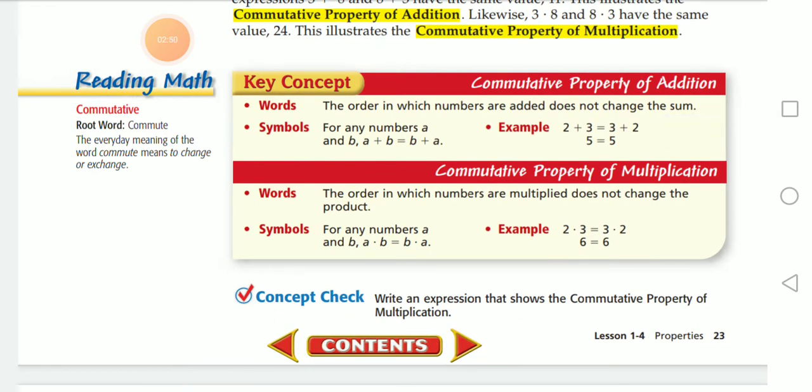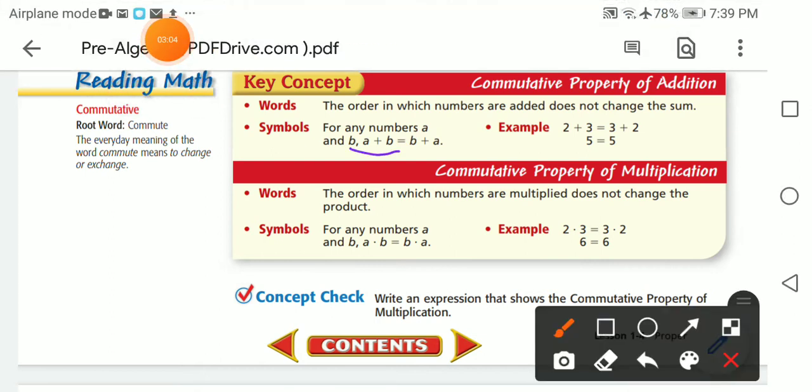So the key concept here, I have words: the order in which numbers are added doesn't change the sum. In symbols, for any numbers a and b, a plus b equals what? b plus a. Apple plus orange is the same as orange plus apple.